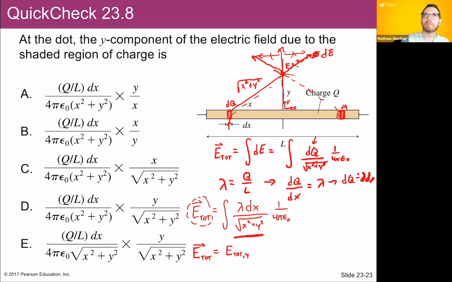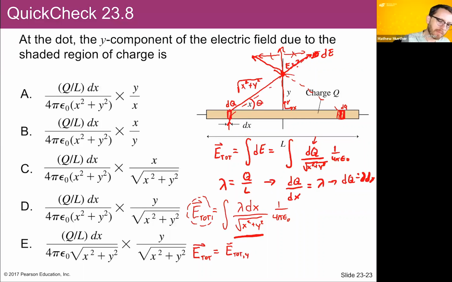I only really have to think about what's happening in the y, because I can see just from symmetry that the x component is going to integrate to 0. And if I want just the y component, let me imagine that I have an angle theta here.